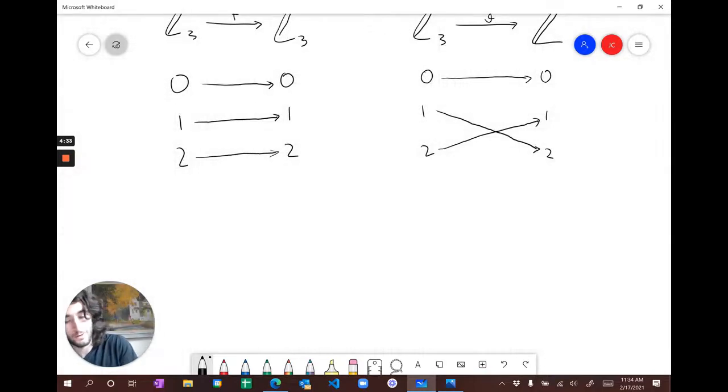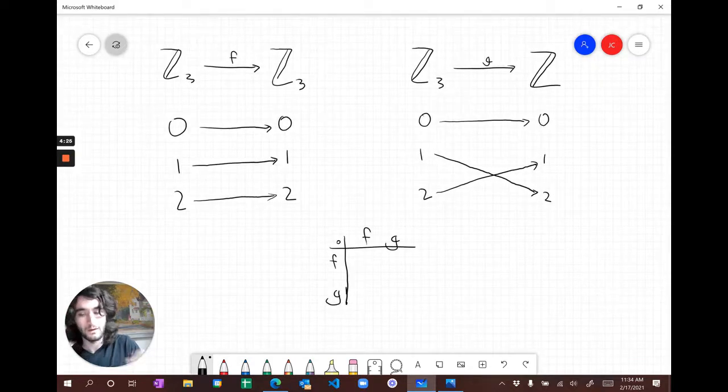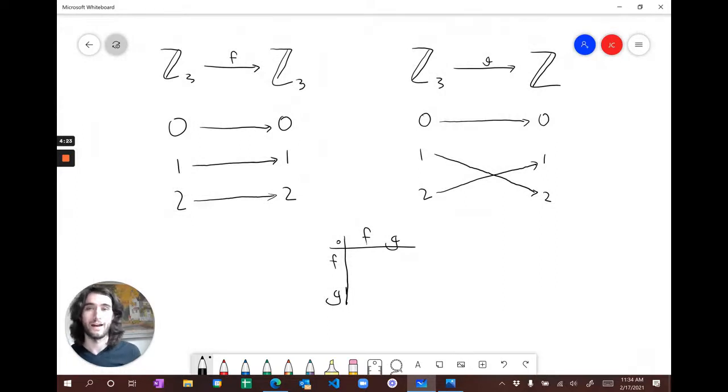So let's see what's the deal with combining these functions via composition. What is F composed with F? Well, if you do nothing and then you do nothing again, surely that's the same as doing nothing. If you do F and then G, first you do nothing and then you swap them, that's the same as swapping them.